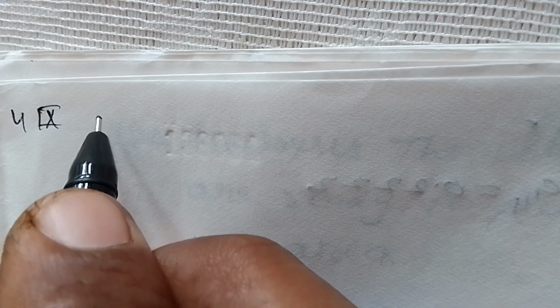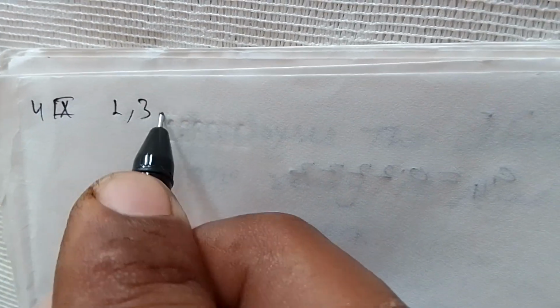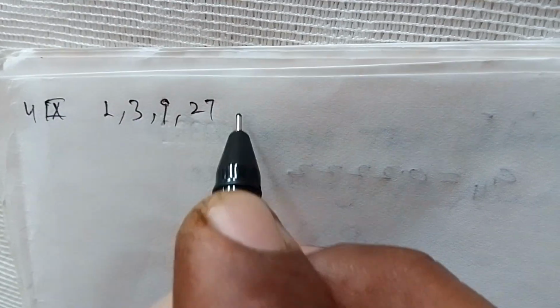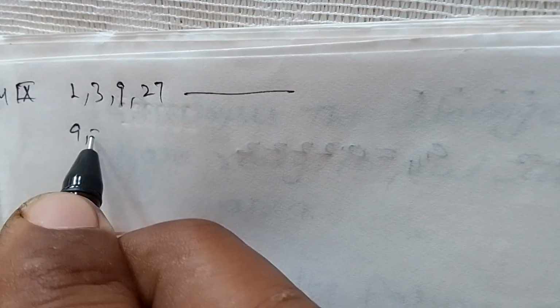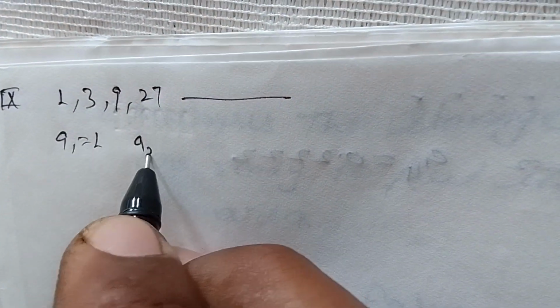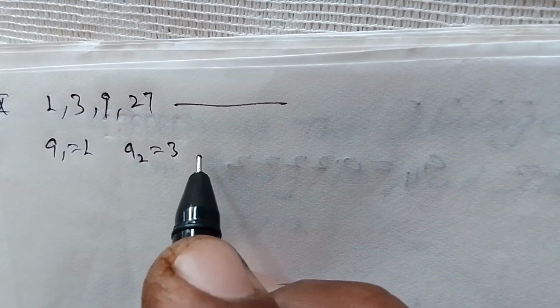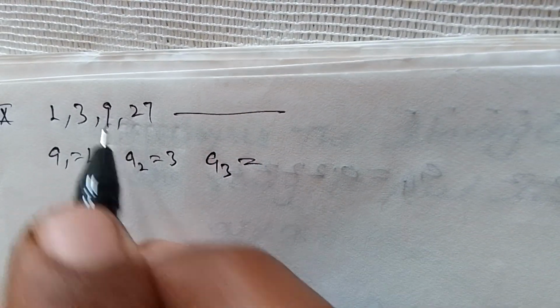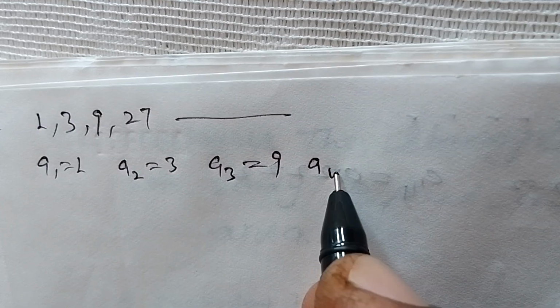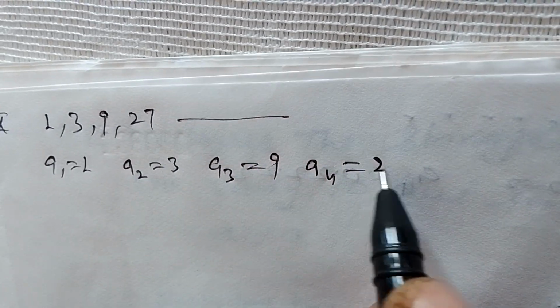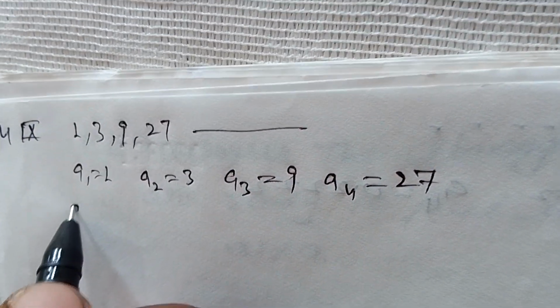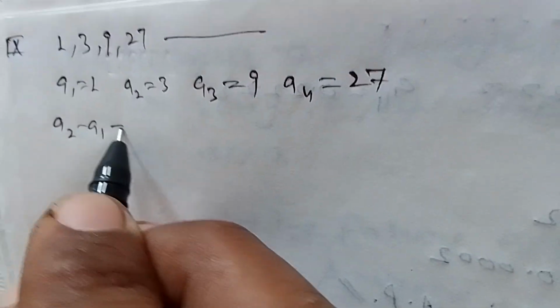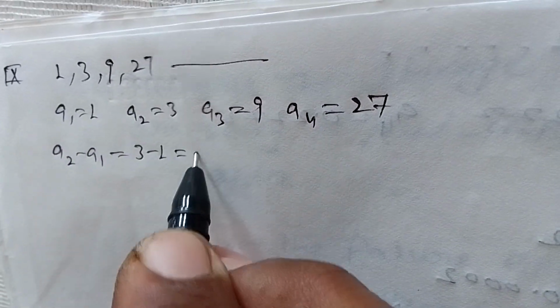question is having terms 1, 3, 9, 27, and so on. Here A1 is 1, A2 is equal to 3, A3 is equal to 9, A4, the fourth term, is equal to 27. So A2 minus A1 comes out to be 3 minus 1, that is 2.